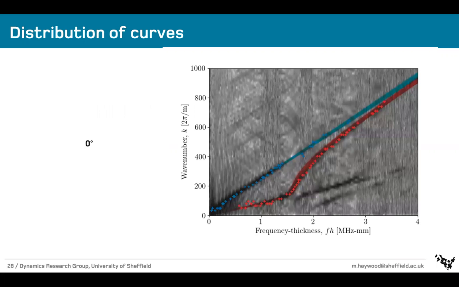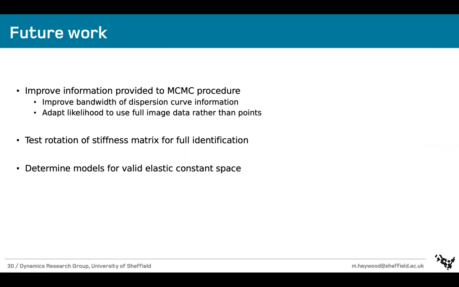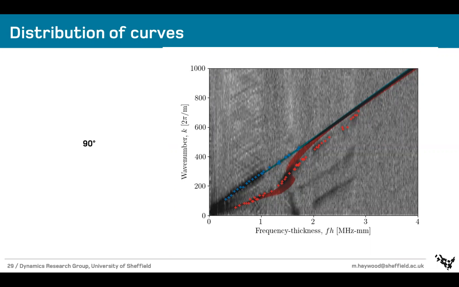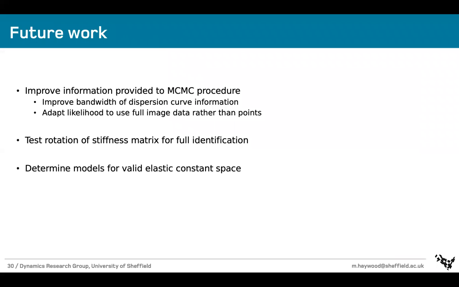And then, linking back to how the model doesn't fit well at 90 degrees, I'd like to test rotation of the stiffness matrix, because that will also allow for full identification of the stiffness matrix itself, rather than just the parameters, because once you boil it down to an orthotropic model, you get a reduction of the stiffness matrix to just the parameters that you saw in the results there.